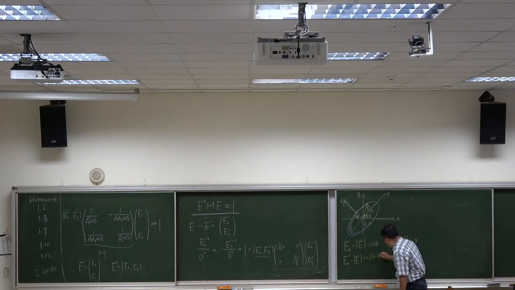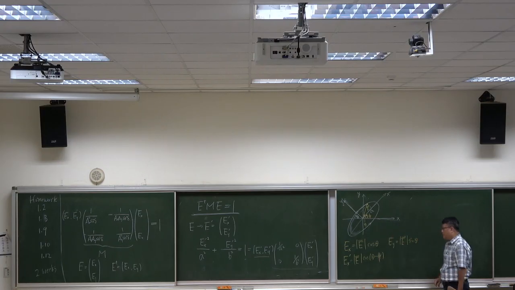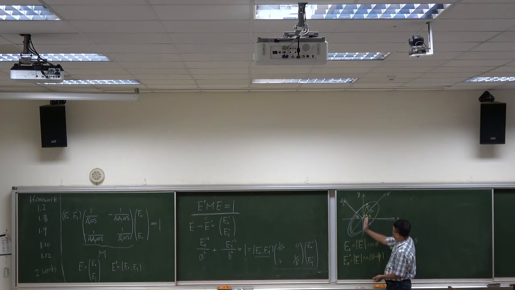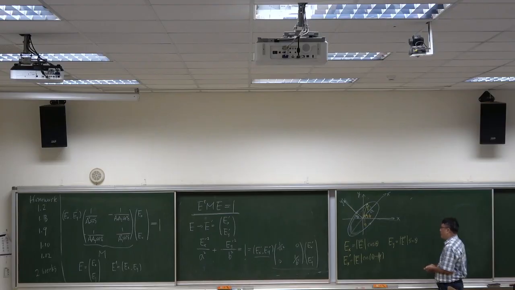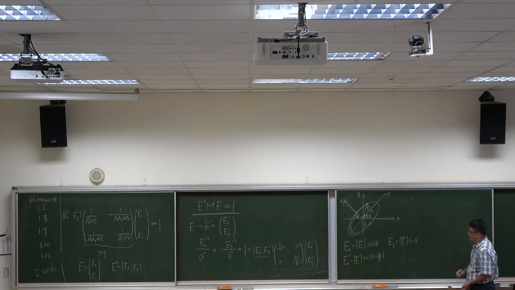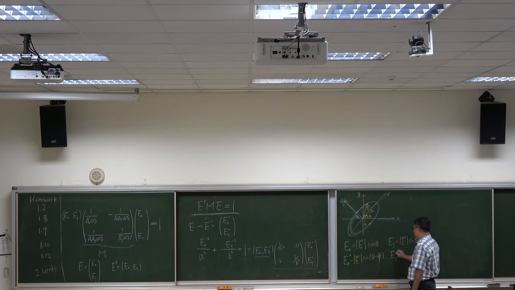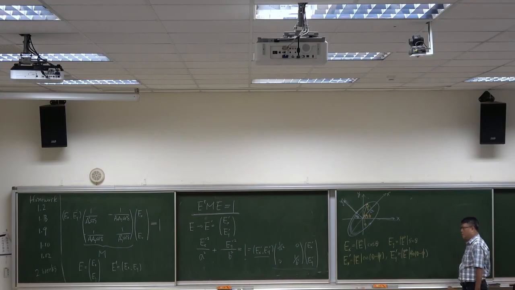Phi is the angle of the x prime axis with respect to the x-axis. And what is Ey prime? Okay.